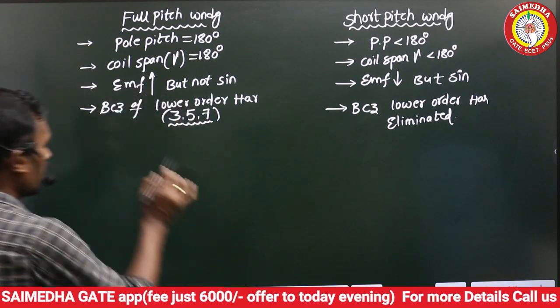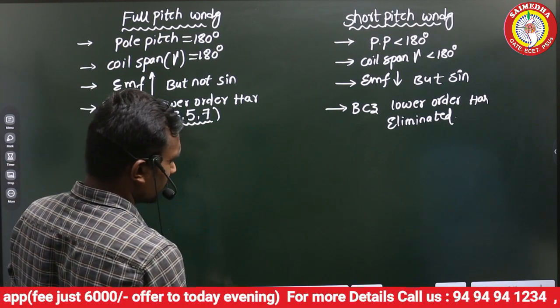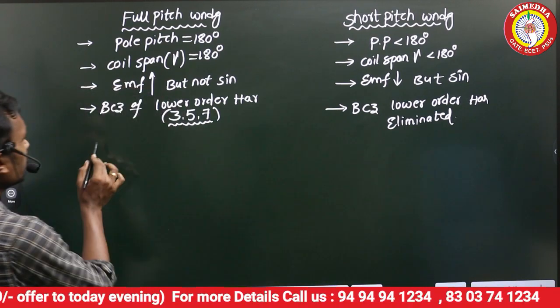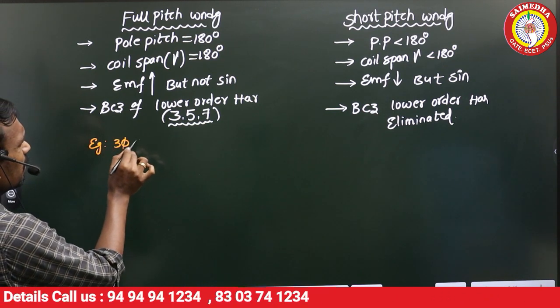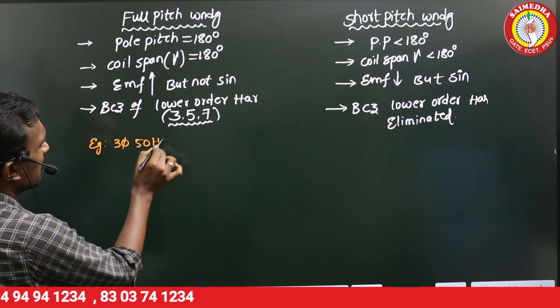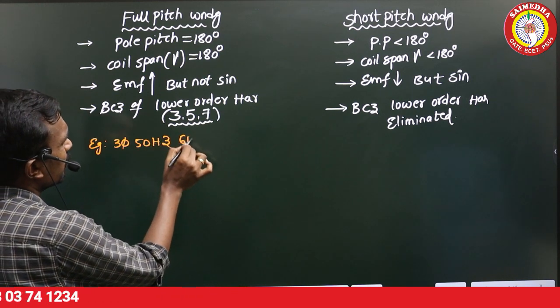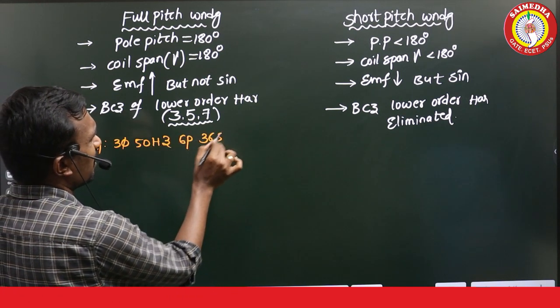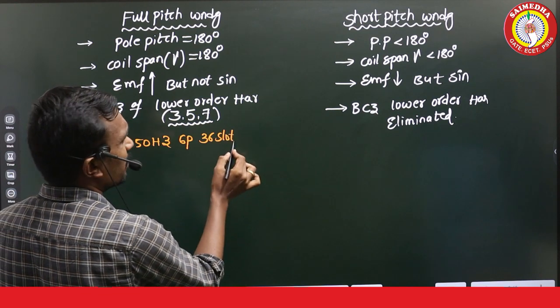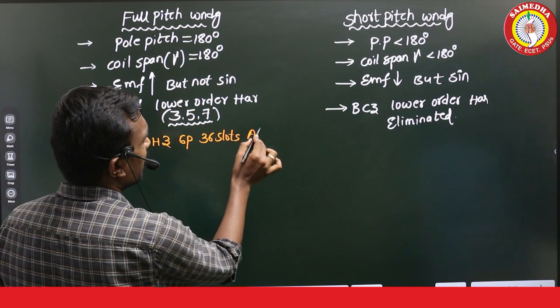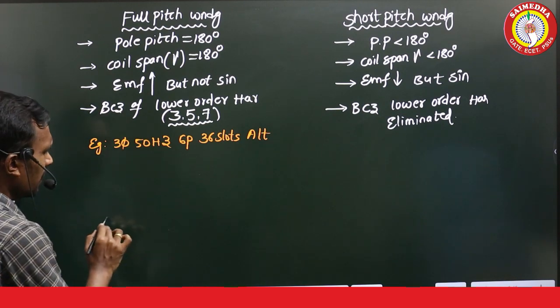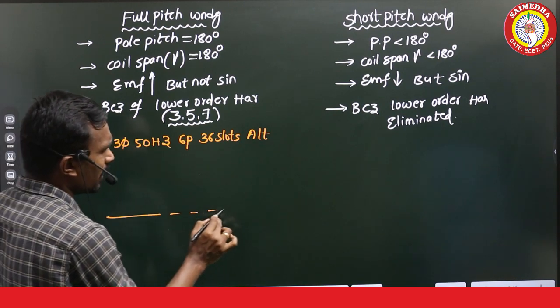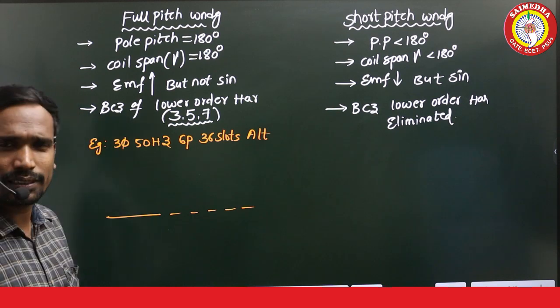Yes or no? So let's take one simple example here. For example, a 3-phase, 50 Hz, 6 pole, 36 slot alternator. Let's see this example. How many poles are there here? Here 6 poles are there. These are my 6 poles.